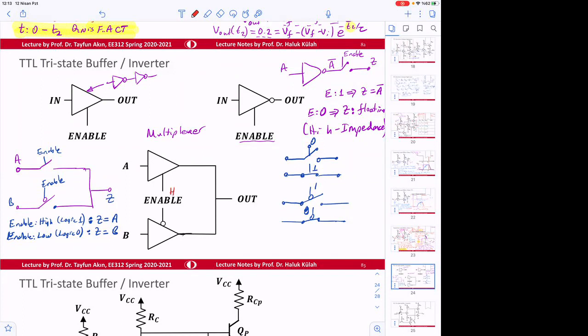If enable is high, this will be connected here, and the output of this is called high impedance, high Z. So the value here is determined by this A output. So Z will be equal to A.